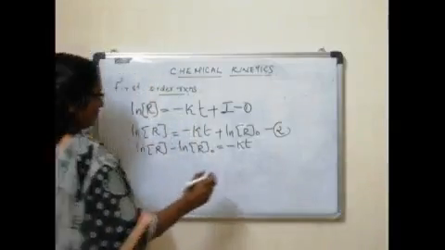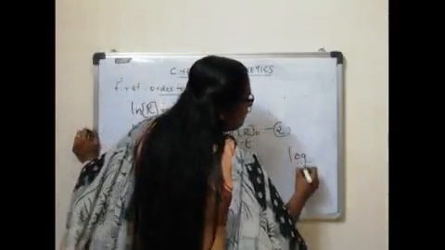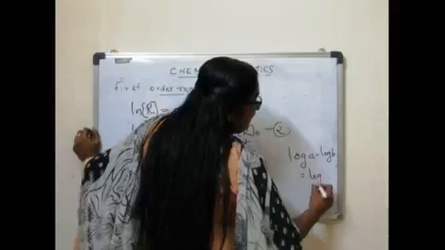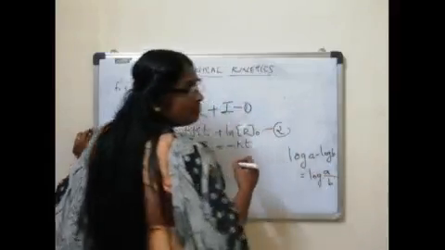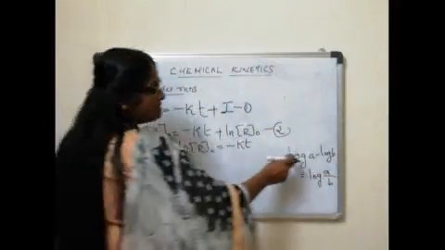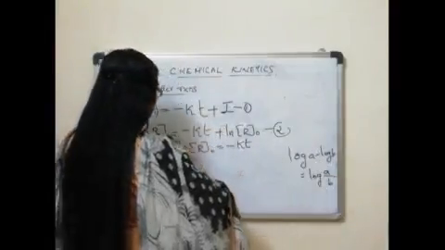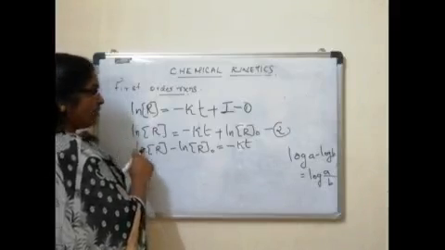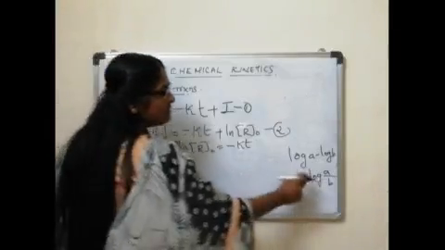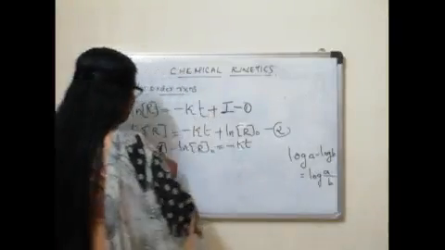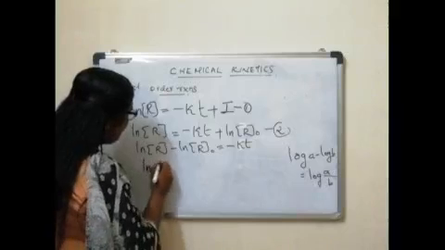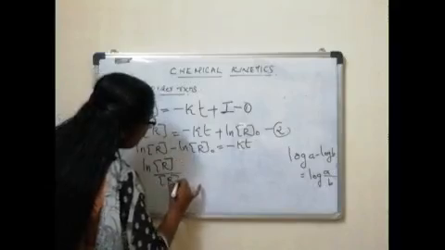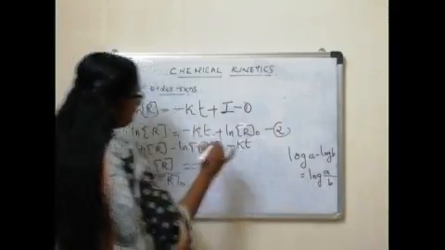We know that log A minus log B is equal to log A by B. Here it is the logarithm to the base e, so ln R minus ln R0 is equal to ln R by R0. So ln R by R0 is equal to minus kt.